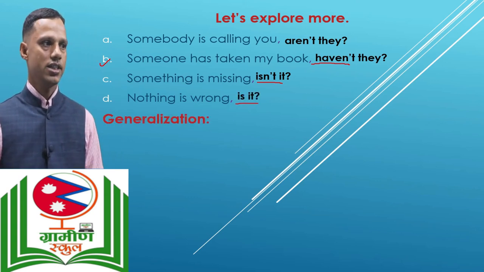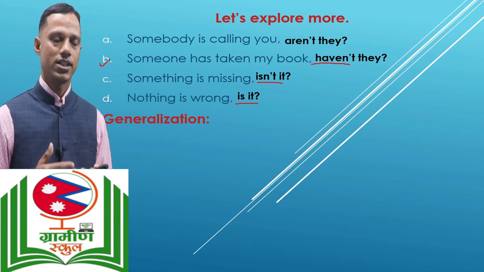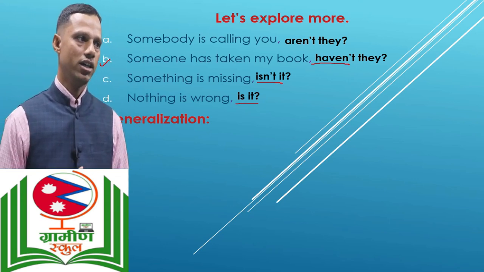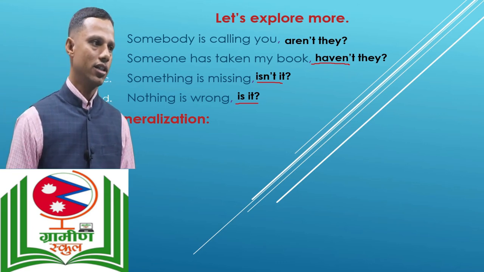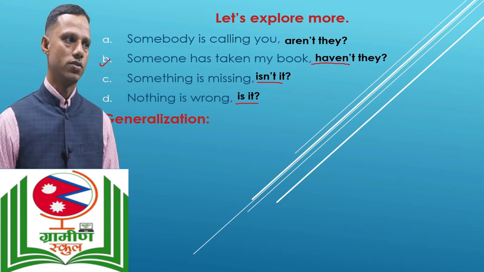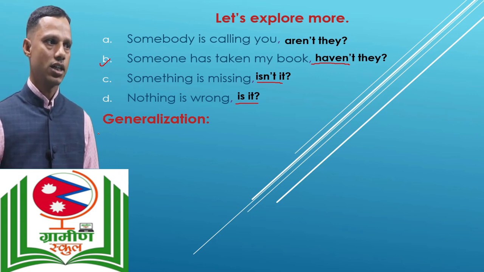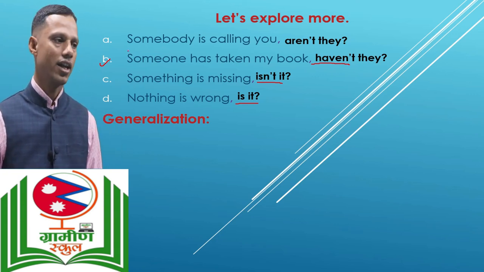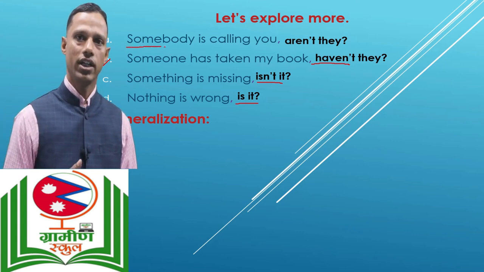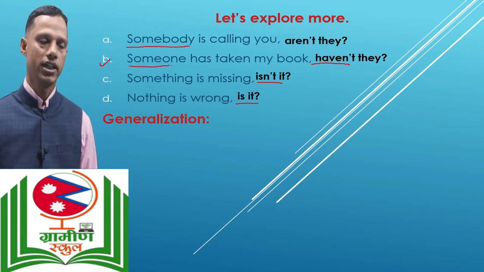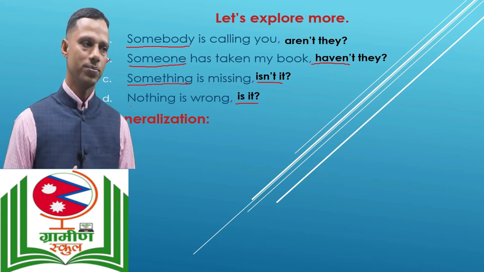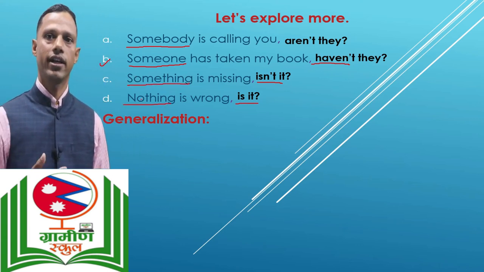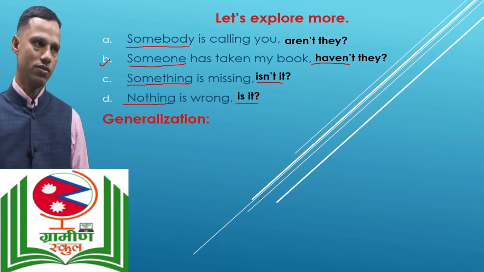Now, from these examples, what can we generalize? What do we learn? Look at sentence number A. In the first sentence, we have the vague pronouns. Somebody is calling you. The pronouns like somebody, someone, everybody, everyone, nobody, no one, something, nothing, these are the pronouns which are considered as the vague or indefinite pronouns.